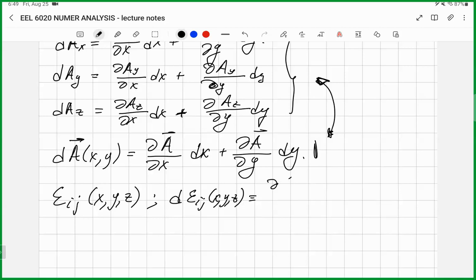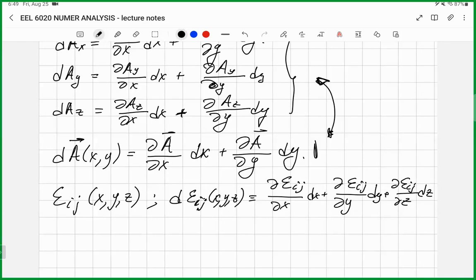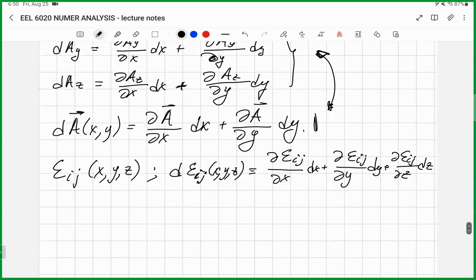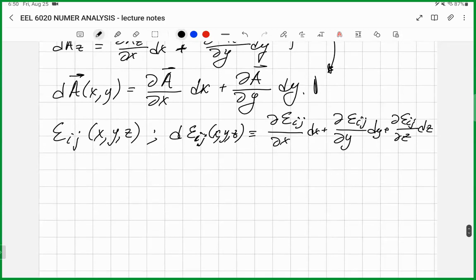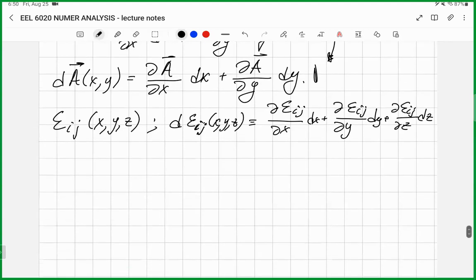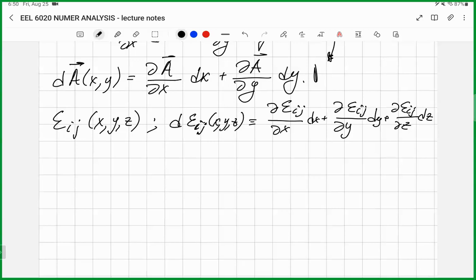So it will be d epsilon ij over dx dx plus d epsilon ij over dy dy plus d epsilon ij over dz dz. Something like this. These differentials of tensor components will show how this tensor depends or changes in space upon changing x, y, and z. Do you have any questions by this moment?